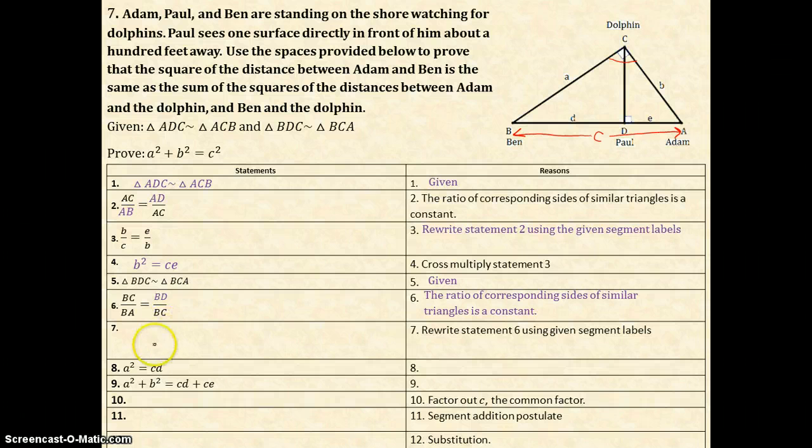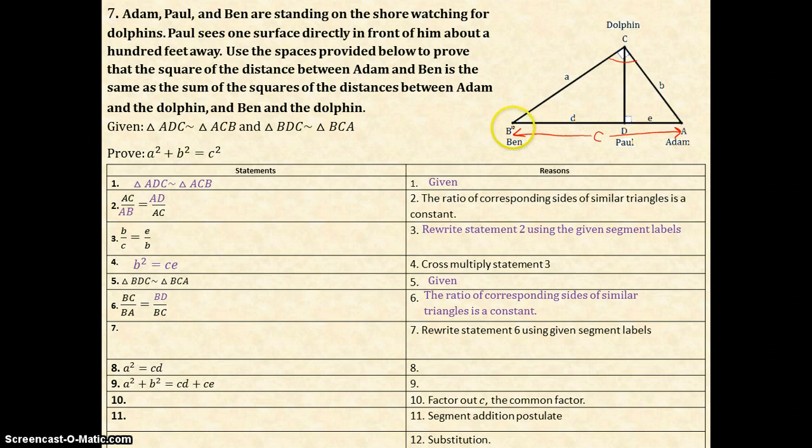Alright, statement 7. What do I put? It's a mystery. Here's a hint. Rewrite statement 6 using given segment labels. Okay, so here's statement 6. So BC is a. So it's going to be a here and a there.